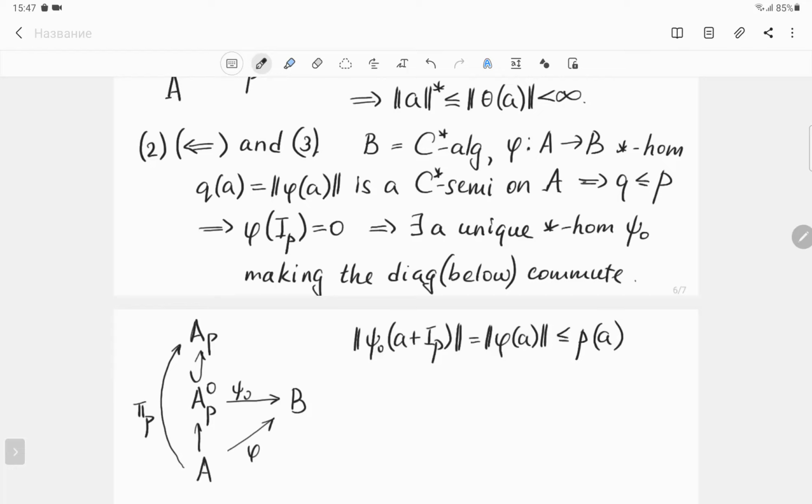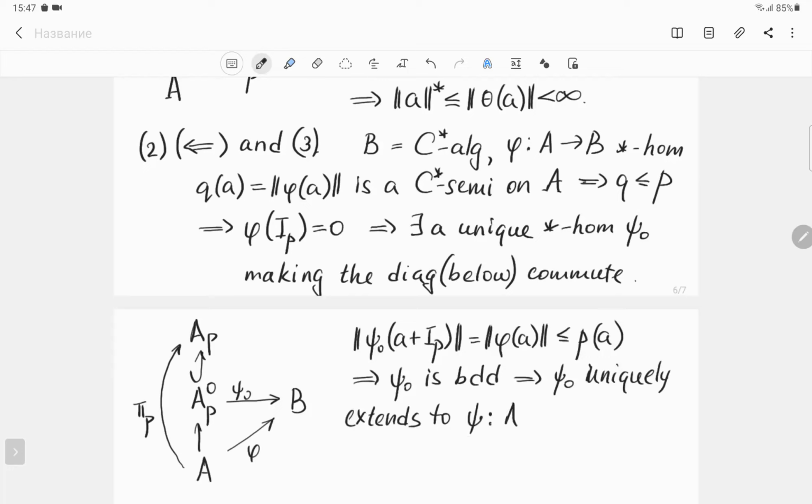So this inequality implies that psi_0 is bounded, and so it uniquely extends to the completion. Psi_0 uniquely extends to a star homomorphism psi from A_P to B.